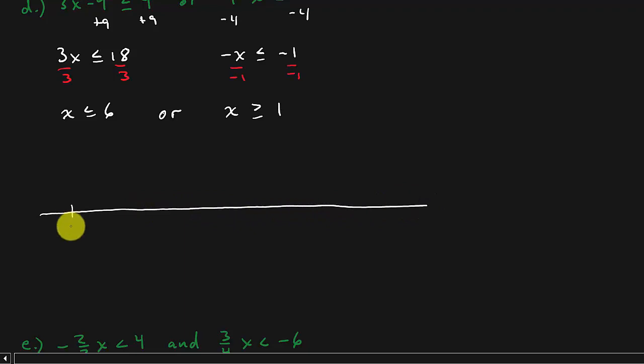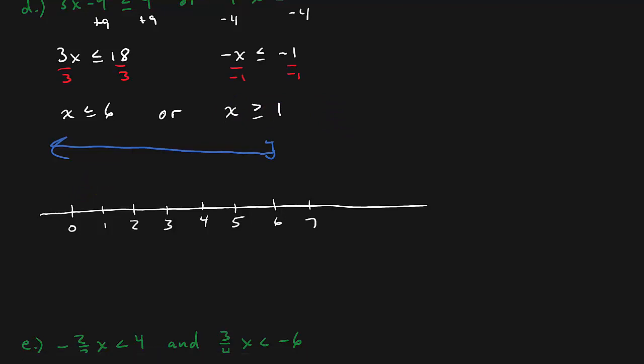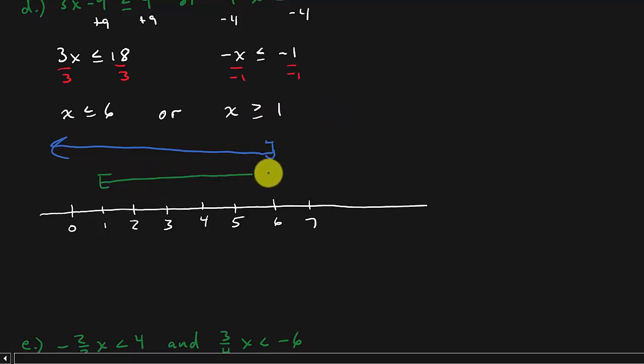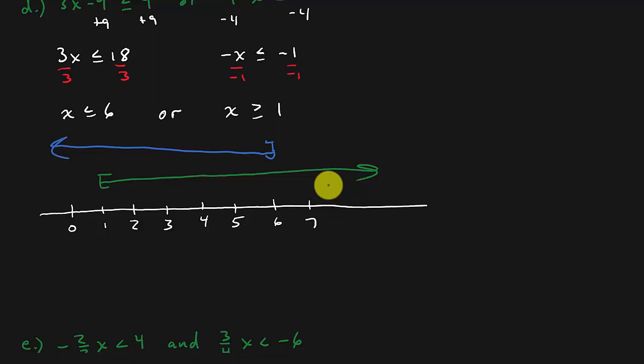So let's graph. All right, so let's graph them separately. So x is less than or equal to 6. So that's everything from 6 back to the left. X greater than or equal to 1. So that's everything from 1 back to infinity. Now, remember, or, that is everywhere there's a line.